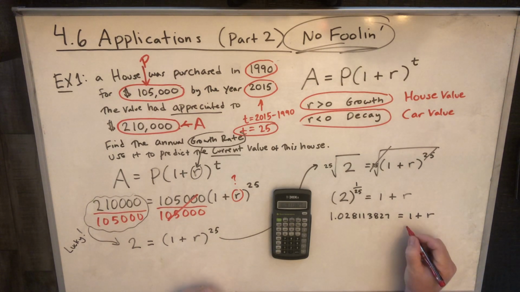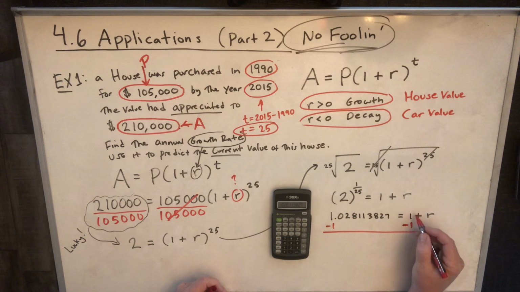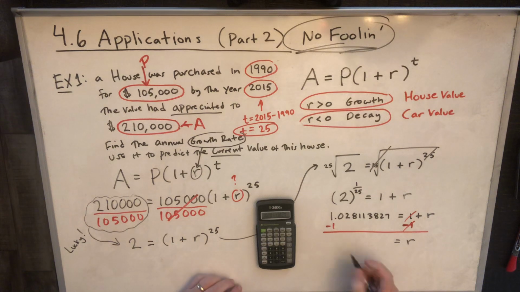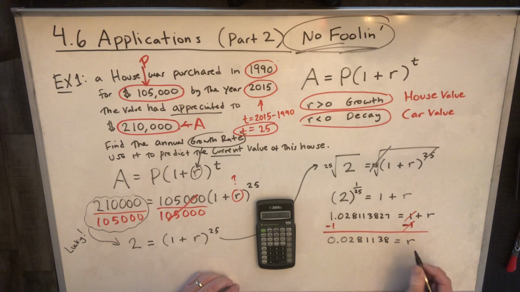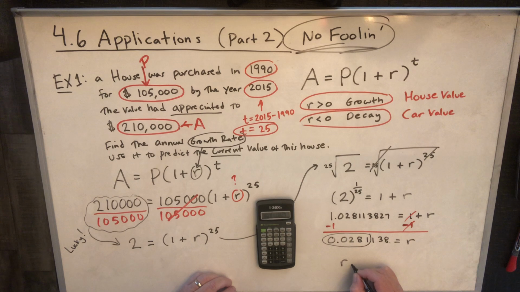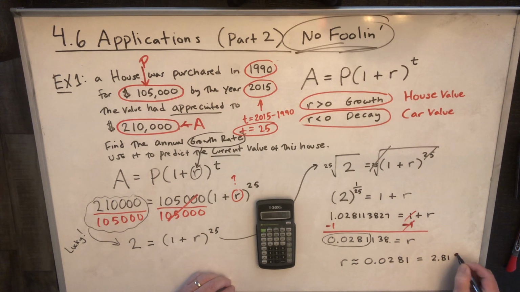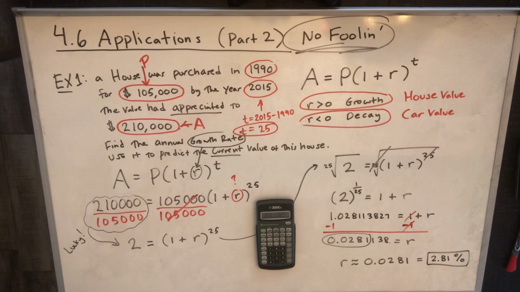Then we're going to subtract 1 from both sides to solve for r. So r is 0.0281138, etc. I'd like to have 4 decimal places. So you can just say r is approximately 0.0281, which is equal to 2.81%. So that is our annual growth rate.